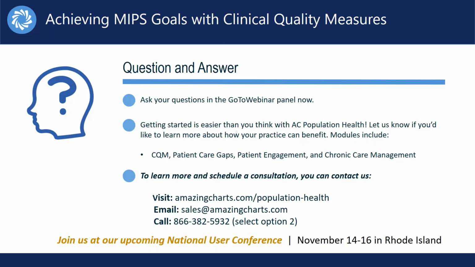The question is, this report runs only if one is set up to submit to CMS directly from AC, correct? Yeah, the Pop Health is used as a direct EHR submission. So you run the report, you get your Category 5 QRDA file, you upload it to CMS.